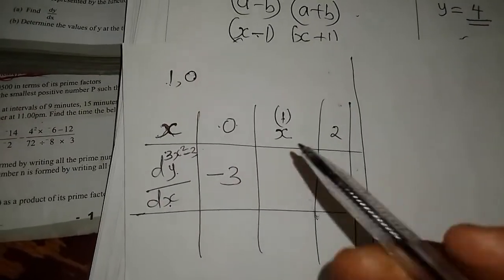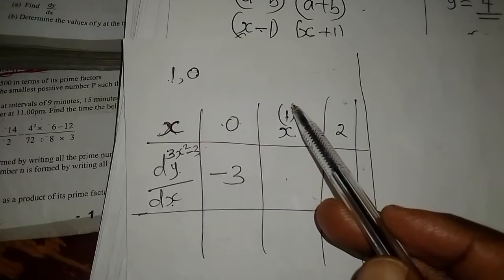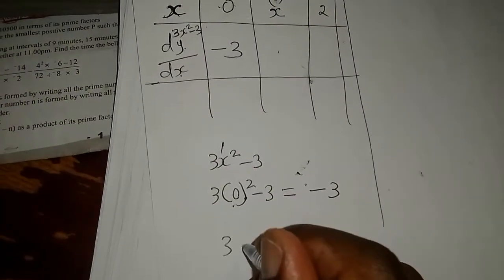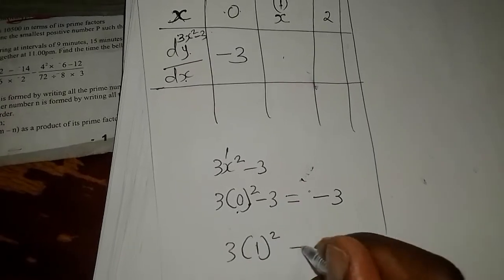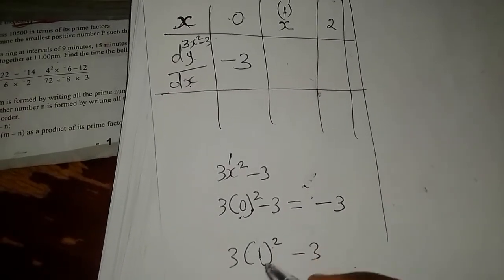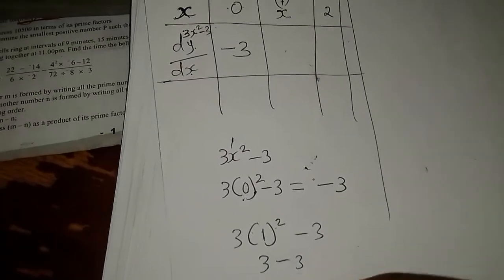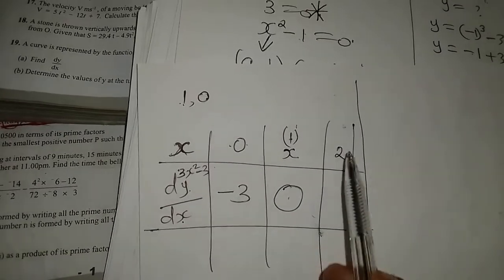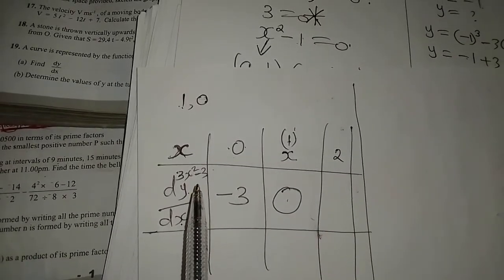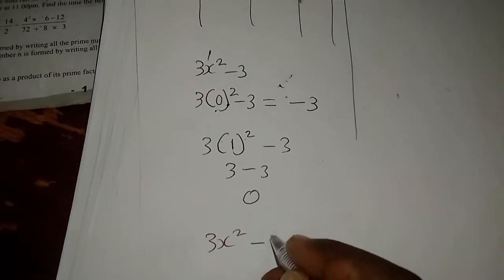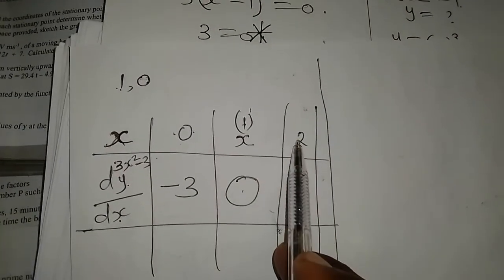Then we shall come back here. Our x is 1, the one in the middle, so we shall put here 1. So we shall say 3 into 1 squared minus 3. 1 squared is 1, times 3 is 3. 3 minus 3, the answer is 0. We shall write here 0. We shall come to 2. So we say 3x squared minus 3, but now our value of x is 2.